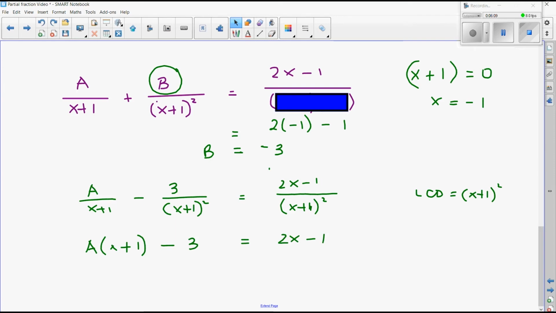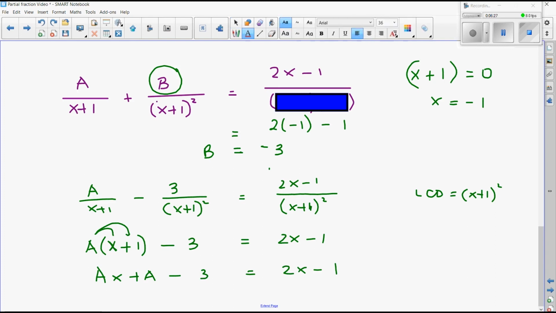There are a few ways in which you can find A, but I think the simplest is to first remove the brackets, distributing A into the bracket, so you have Ax + A - 3 equals 2x - 1. Looking at this expression, we can once again equate the like terms.